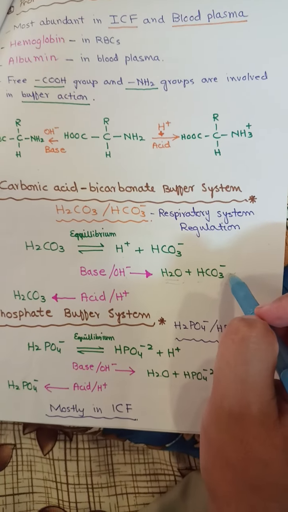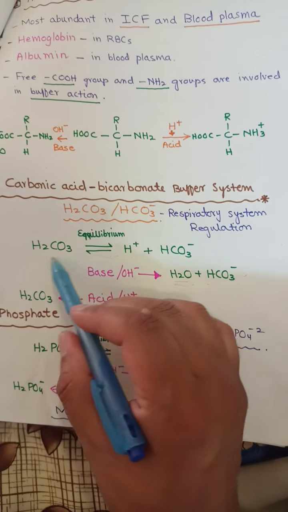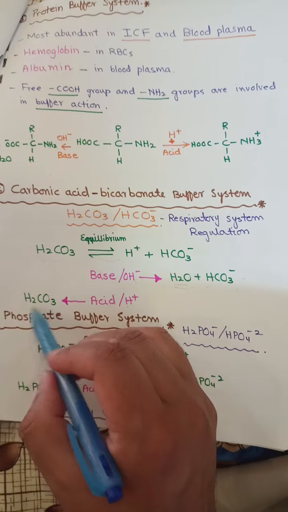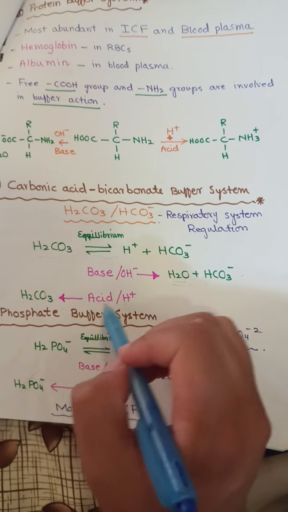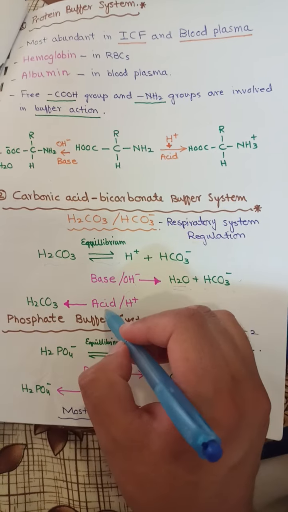And when an acidic condition occurs, with more hydrogen ion, the reaction will shift towards the left and more carbonic acid will be produced, which compensates for this high level of hydrogen ion concentration.